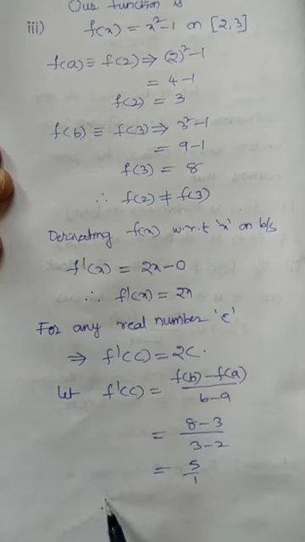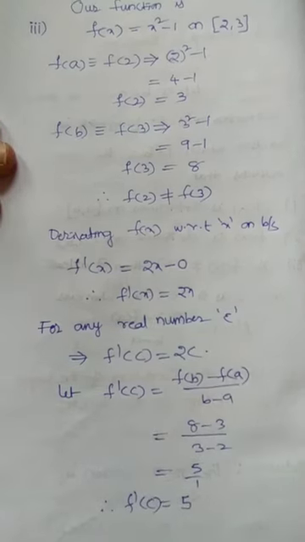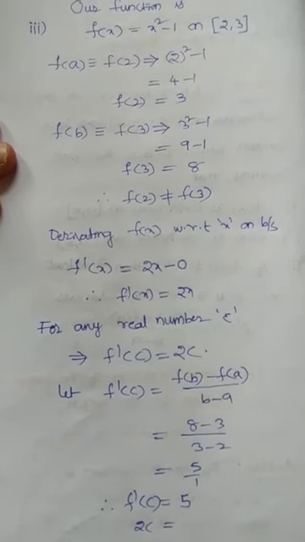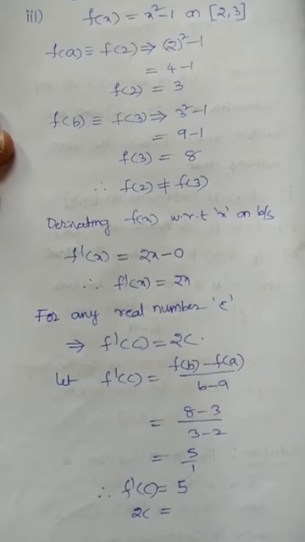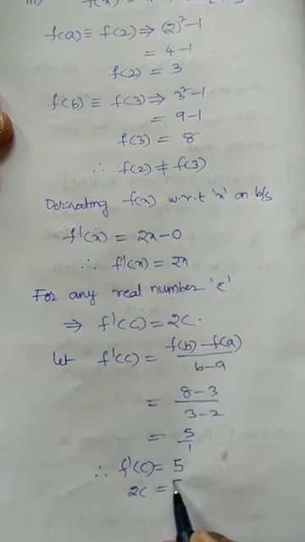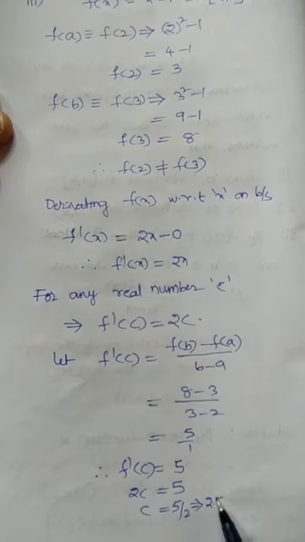Therefore f dash of c is 5. Now our f dash of c is 2c, so 2c is equal to 5. So c is 5 by 2, which is 2.5.